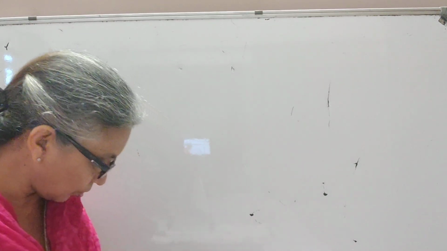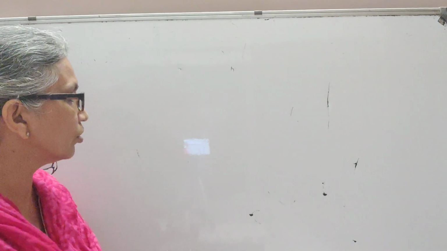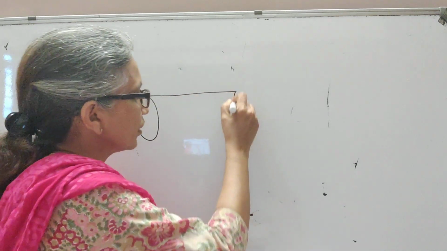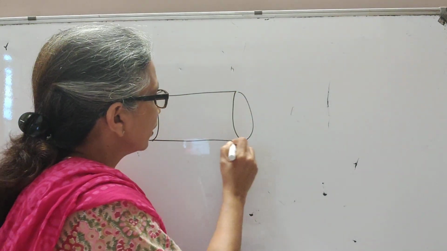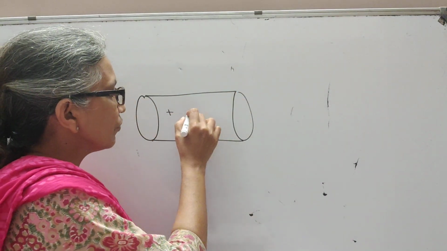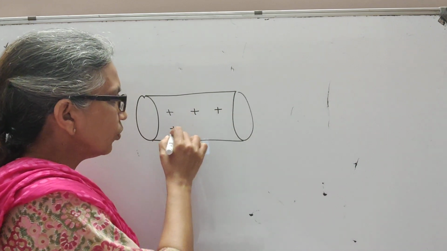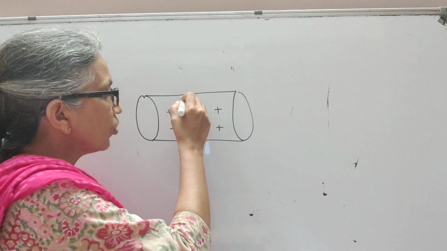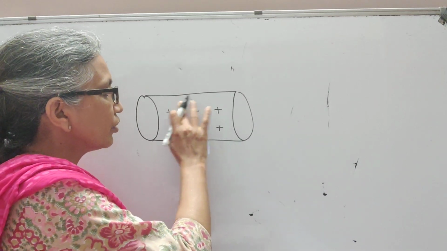So you already know that in a good conductor, suppose I draw a cylindrical conductor like this, there are positive ions which are vibrating about their fixed positions. There are also free electrons.